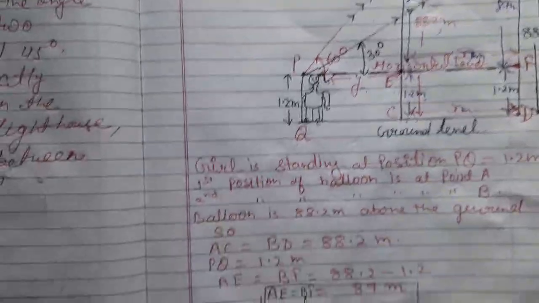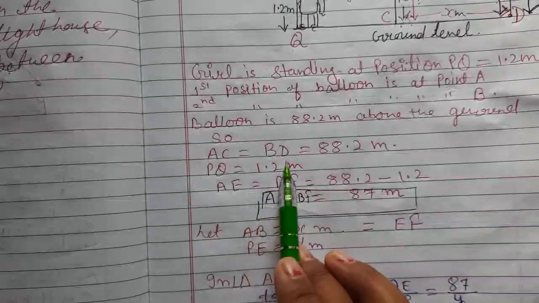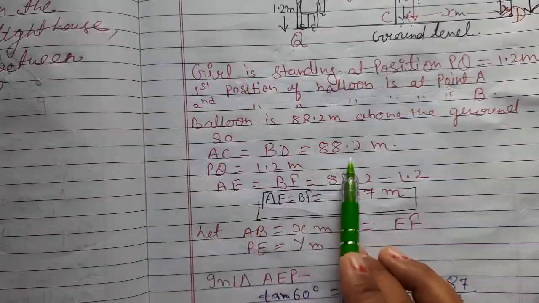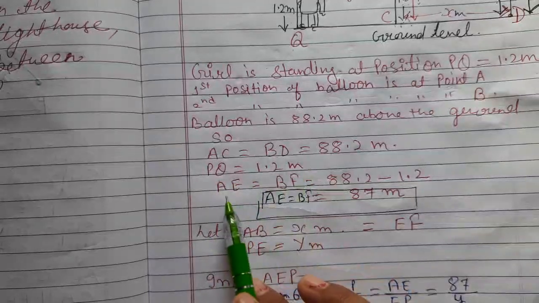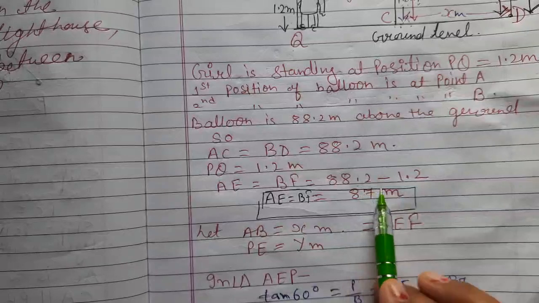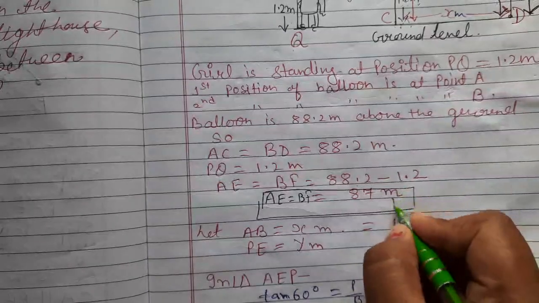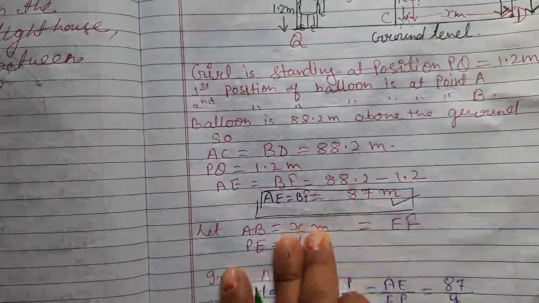Now let's see how we are solving this question. Hope the diagram is clear to everyone. So AC is equal to BD is equal to 88.2, the height of the balloon from the ground. PQ is the height of the girl. AE is equal to BF is equal to 88.2 minus 1.2, that means 87. This is the height of the balloon from the horizontal level.